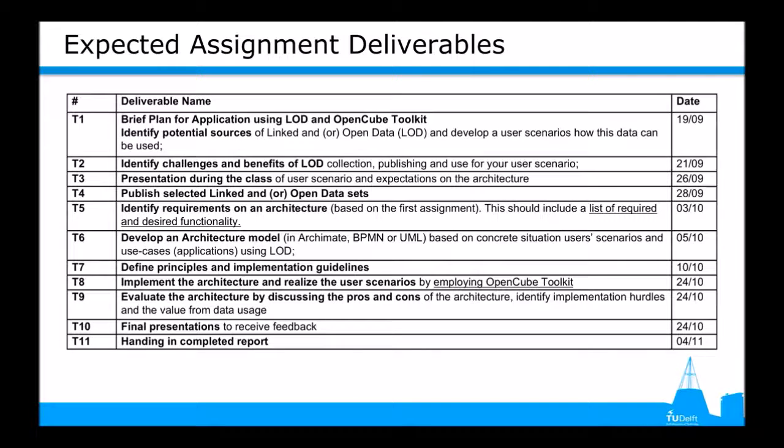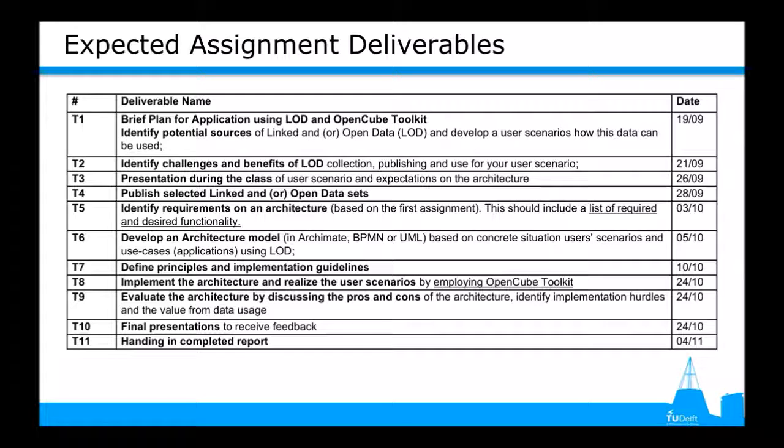Task 6, we develop an architecture model. Then you can use ArchiMate or BPM or UML, but this is based on your case, your real situation. The expected deadline is 5 October. Task 7, define principles and implementation guidelines.